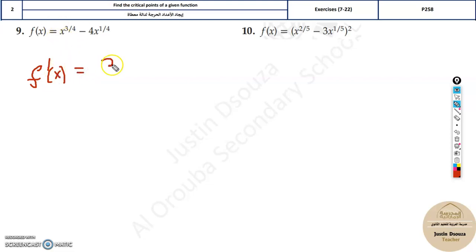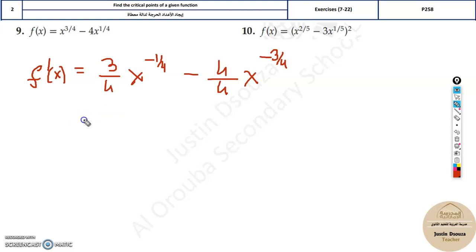The power comes down, it will be 3 by 4, and the power over here we subtract by 1. x to the power 3/4 minus 1 is minus 1 by 4, and the 1/4 comes down to be 4 by 4x to the minus 3/4. Now this negative power is a bit of a problem, so we always take the powers down.